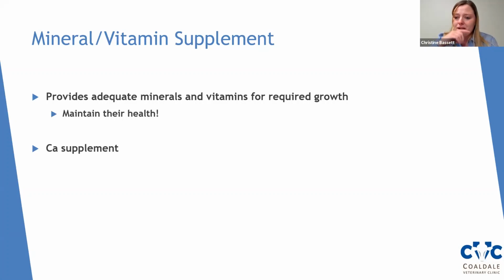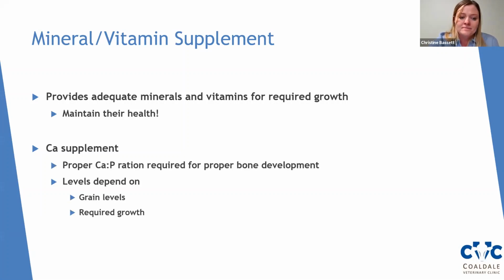So we're backgrounding, we are focusing on building their frame, so calcium supplements are very important, ensuring that we have the proper calcium phosphorus ratios to ensure that there's the proper development of the bone in that animal. And the level of calcium in your supplement is going to depend on the amount of grain that's in your ration, the amount of growth that you want from those calves, as well as the inclusion level in your ration.